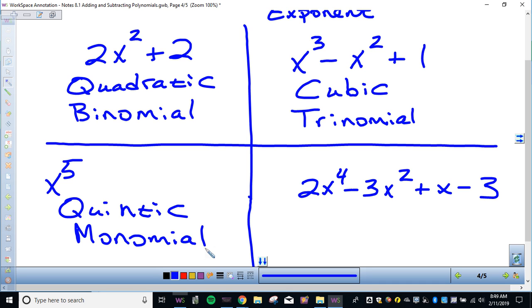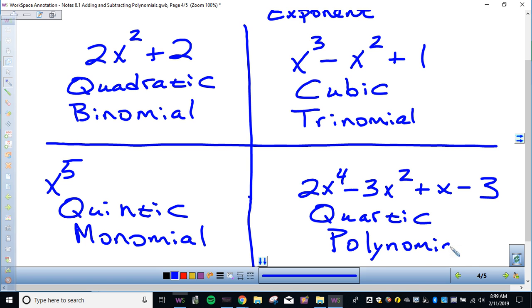Quartic, 4 quarters in a dollar. Quartic. Four or more terms is called polynomial. So it should seem fairly easy, and then the only thing in addition, we add these things and subtract them. That's the whole first little lesson.